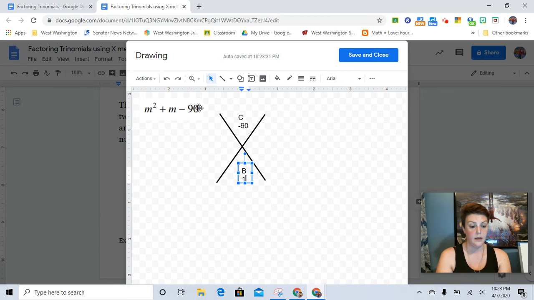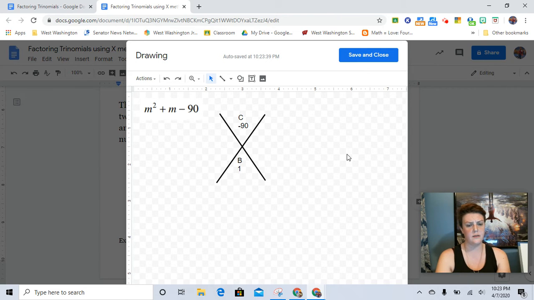So what two numbers, then, this is our question, this is our puzzle. And we'll do a couple more of these examples, so if you're not quite with me yet, that's okay. We'll get there. What two numbers multiply to be negative 90 and add up to be 1?